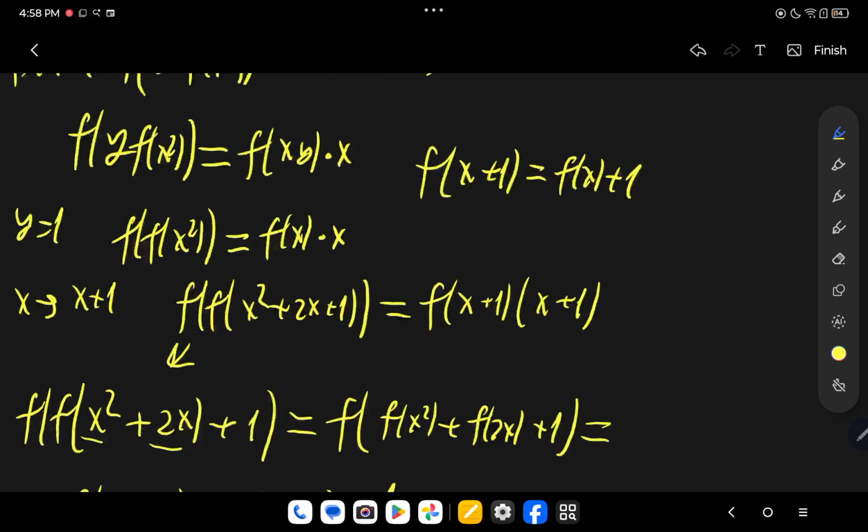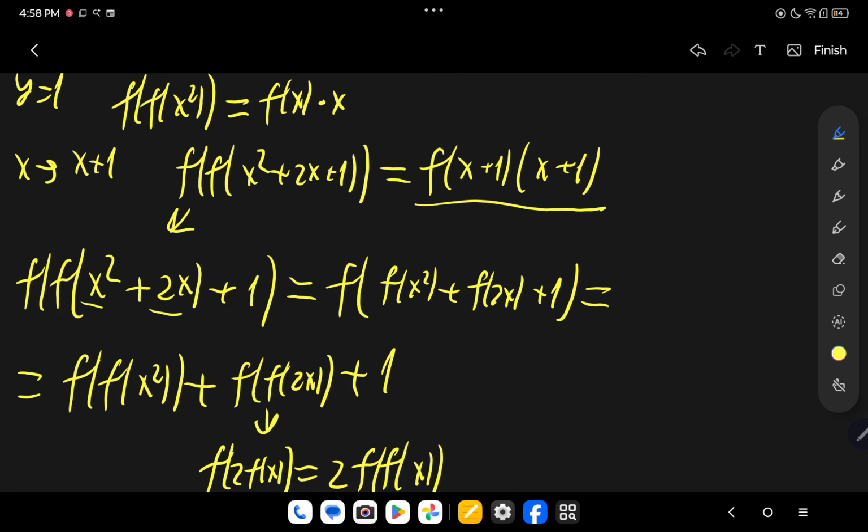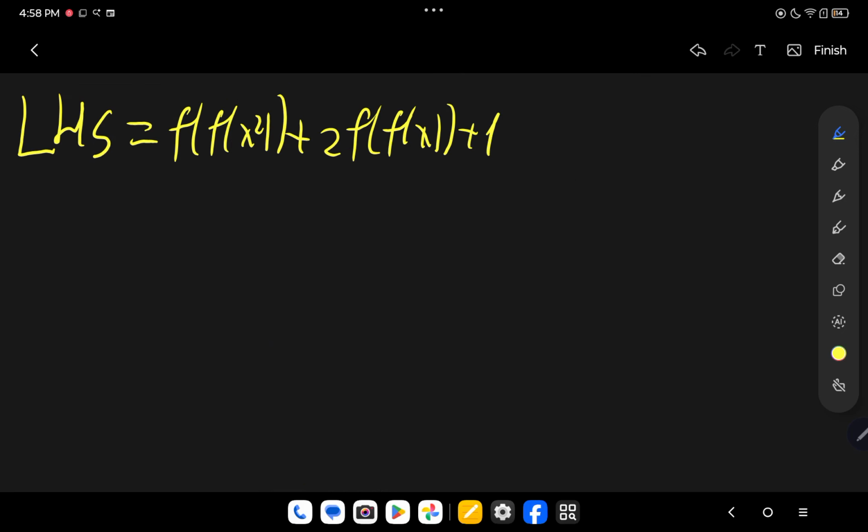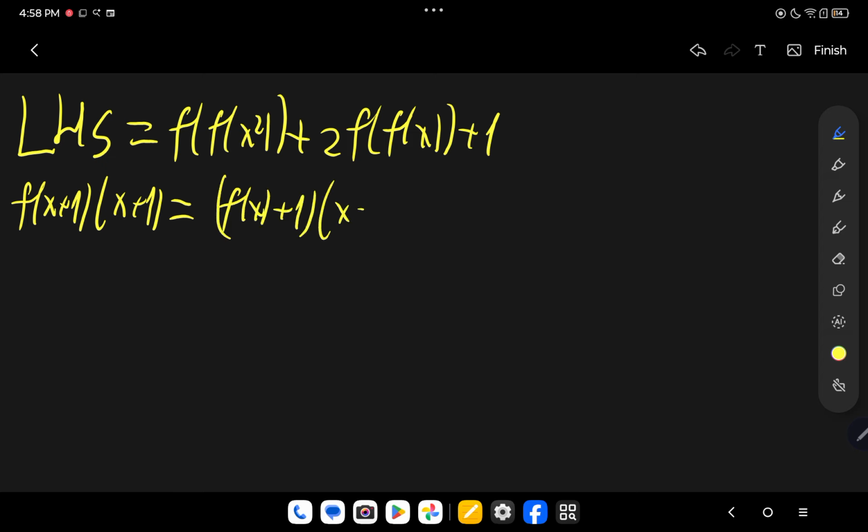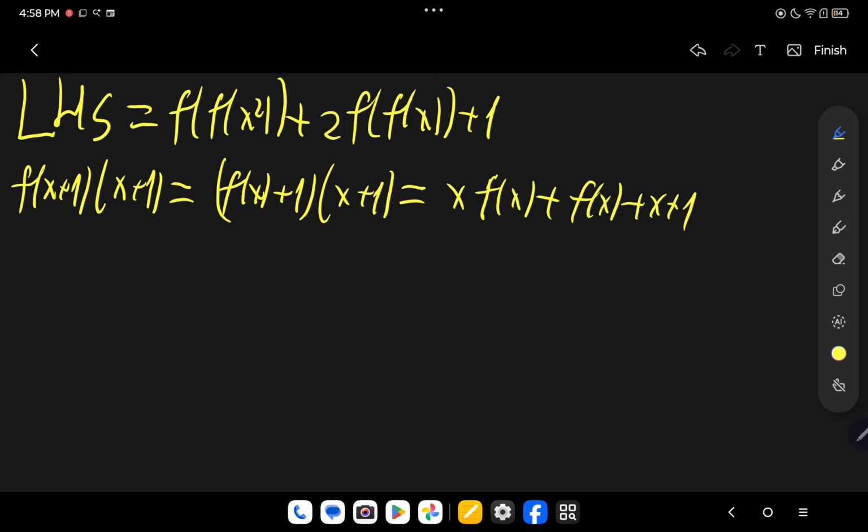Now for the right hand side, we will get that (f(x) plus 1) times (x plus 1) is equal to x f(x) plus f(x) plus x plus 1. So we get that the right hand side is equal to x f(x) plus x plus f(x) plus 1.